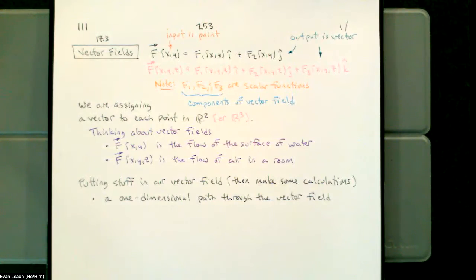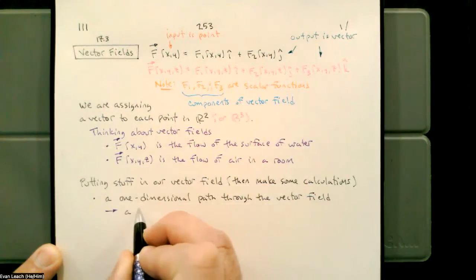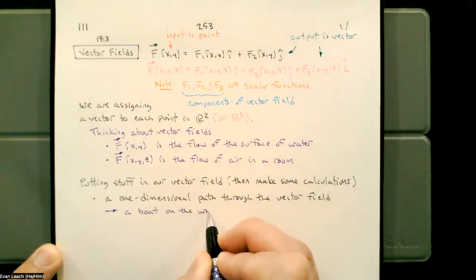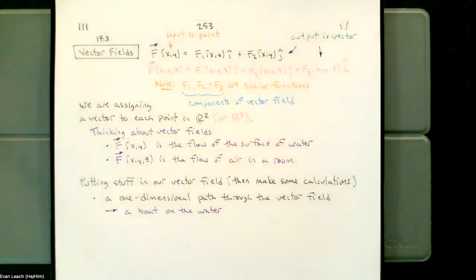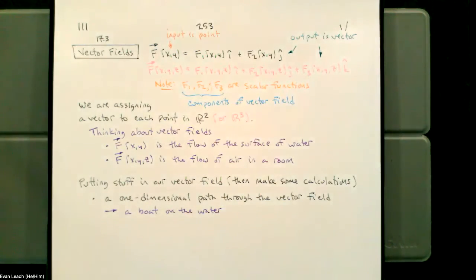Maybe a boat cruising along the surface of the water. The boat's trying to get from one side of the water to the other side of the water. It can't just leave itself up to the whims of the vector field. It's going to have to carve a path through the vector field. So imagine a boat on the surface of the water. It's going to make a one-dimensional path through the vector field.